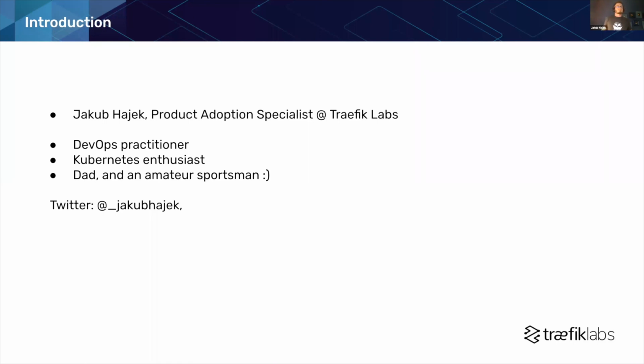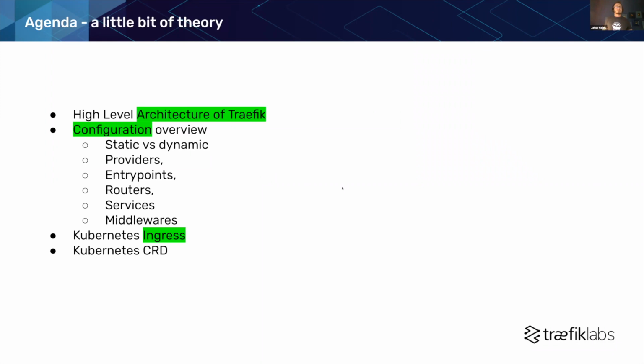Okay, let's move forward. So what is the agenda? As I mentioned, we will split that session into two parts. First, a few slides with a little bit of theory, because I would like to be on the same page with you: what Traefik is, what the high-level architecture of Traefik is, what the configuration components are, and what the crucial parts in Traefik are that you should focus on, so static versus dynamic, providers available, entry points, all that stuff.